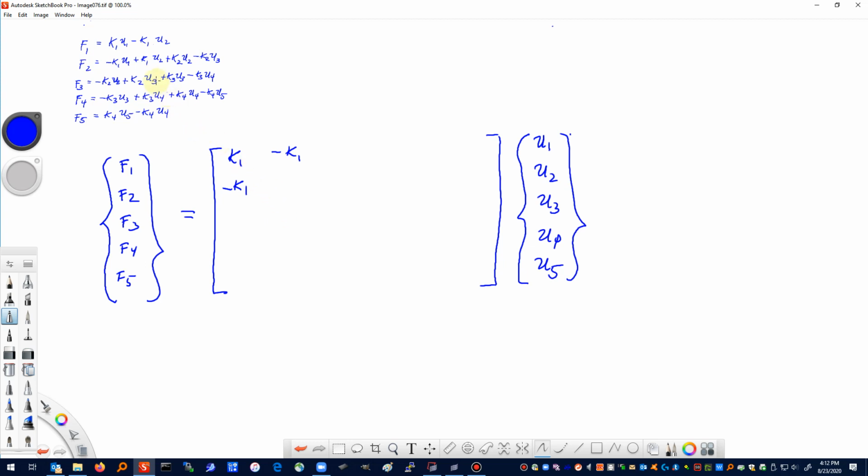And U2, notice that there's 2 terms. I'll try to circle these. There's a K1 U2 and a K2 U2. So I'm going to add those together to get this entry right here. It's a K1 plus K2. And then we have a minus K2 times U3.